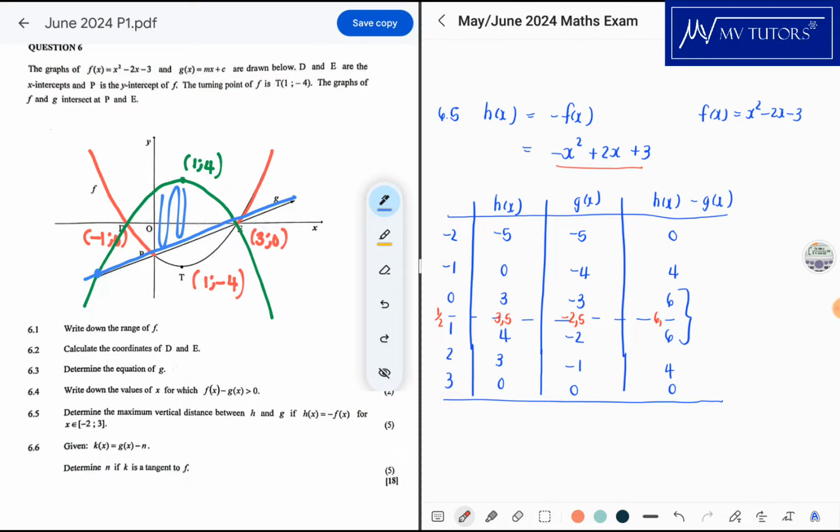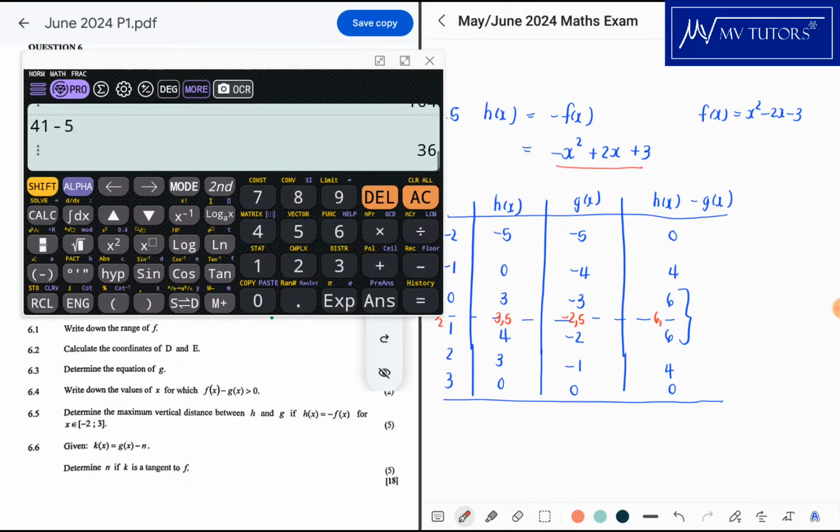No. Let me see. I don't think I have the right value there. So negative 0.5 squared plus 2 times 0.5 plus 3. Okay, 3.75. Yeah, I knew I was missing something there.